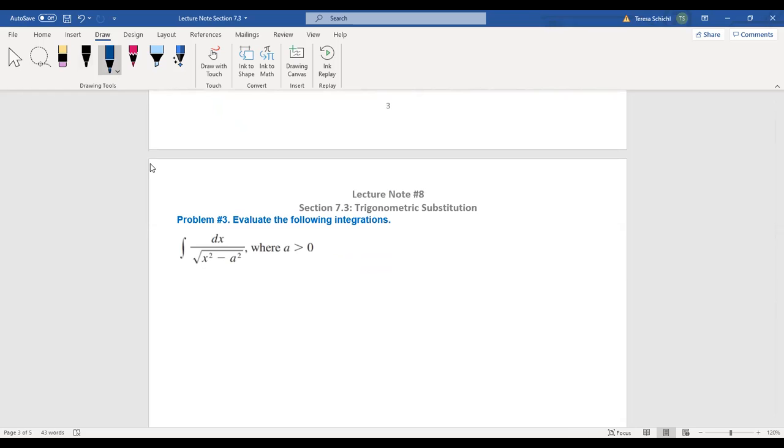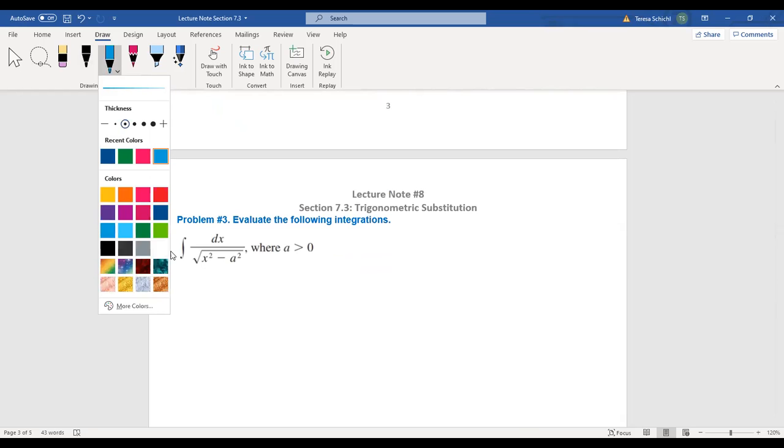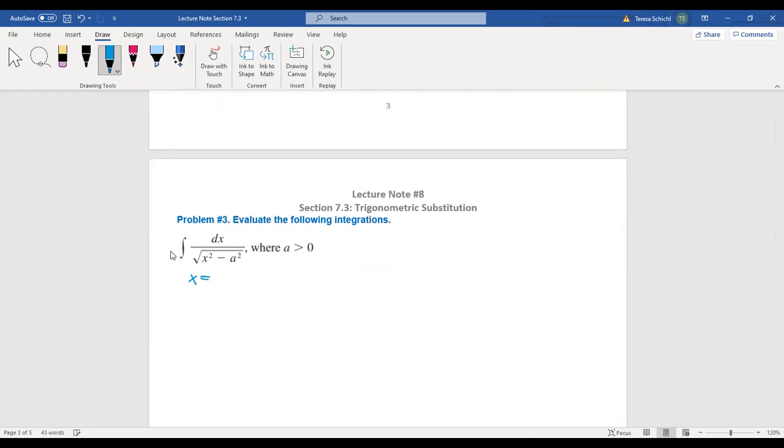Let's try to use the color coding. So x is equal to what? a secant theta. So x over a is equal to secant theta. We always do the same thing. Then dx is equal to a secant theta tangent theta d theta, right?